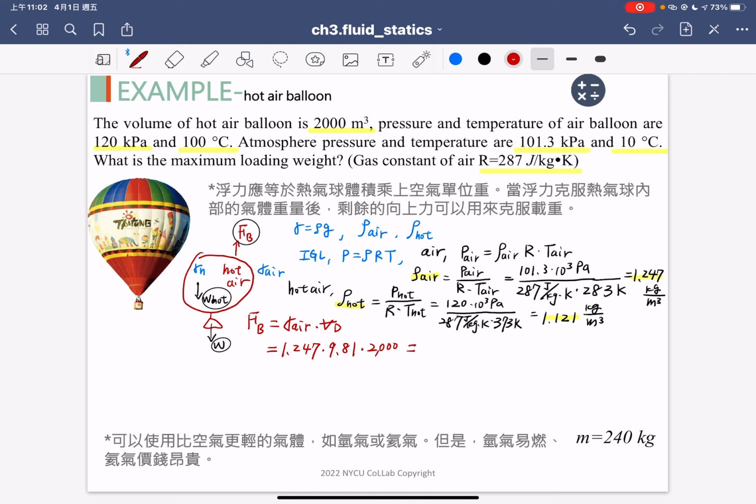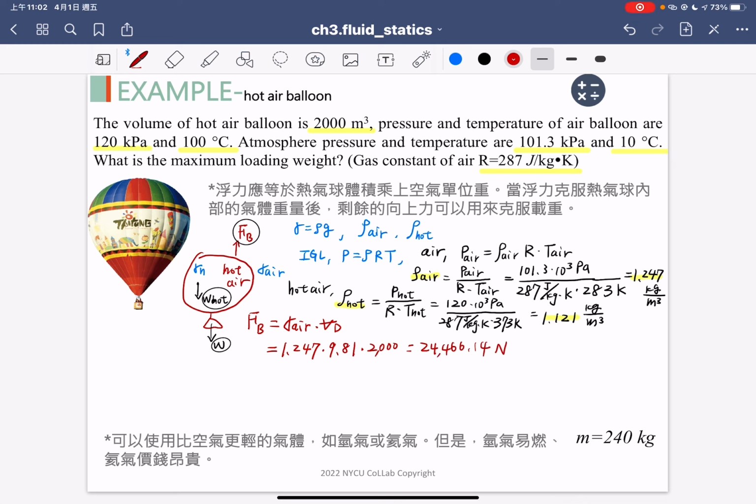So 1.247 multiplied by 9.81 multiplied by 2,000 is around 24466.14, and the unit is Newton.